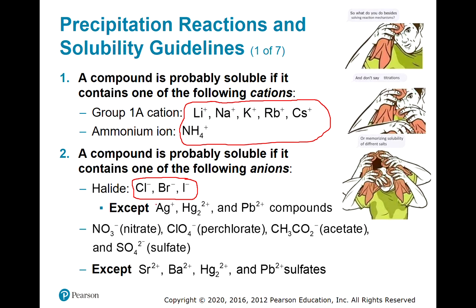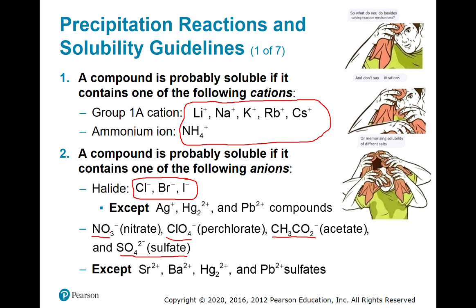For instance, silver chloride, silver bromide, or silver iodide, AgCl, AgBr, or AgI, are insoluble, so they're an exception to this trend with halides. And mercury(I) and lead(II) compounds of these ions are also insoluble, but those are the only real main exceptions to that.